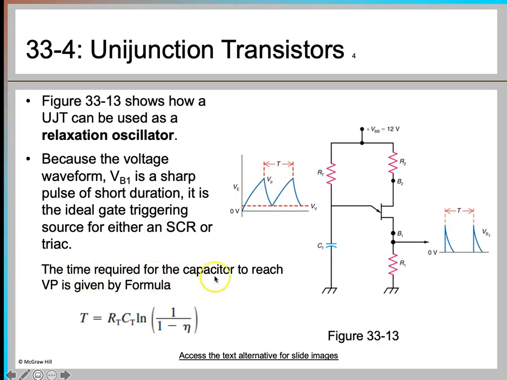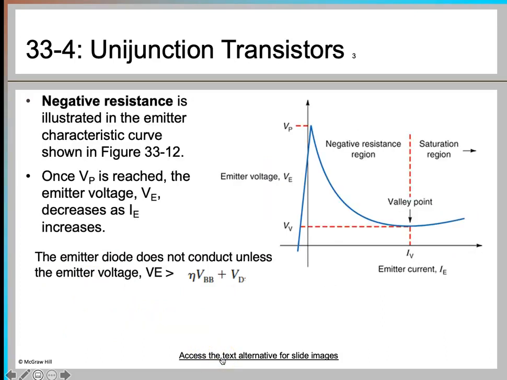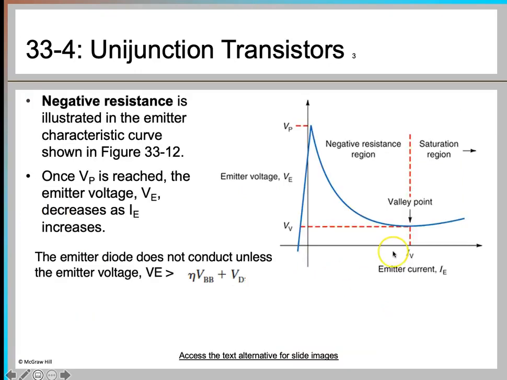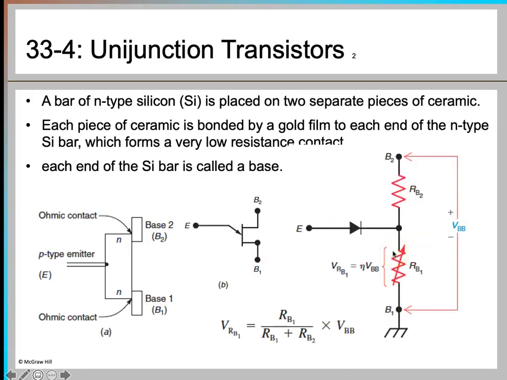The time required for the capacitor to reach VP is given by this formula: RT CT ln 1 by 1 minus eta. And what is eta here? As I said, eta is equal to VRB1 upon VBB.